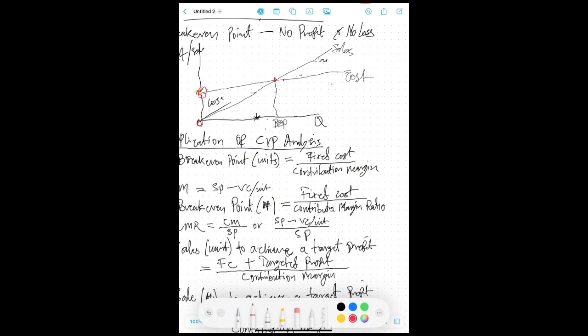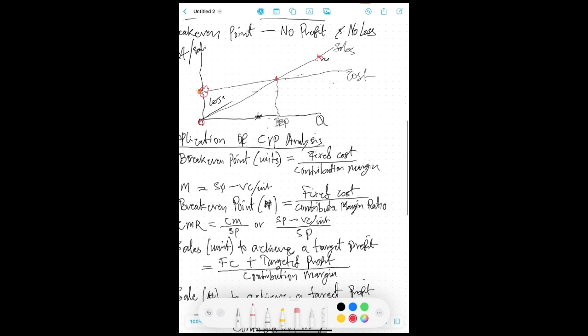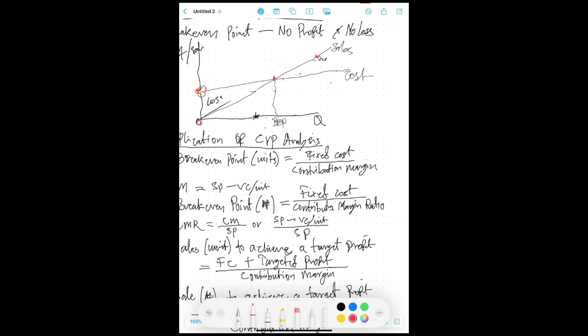Let's assume that this is your budgeted sales level here. From the break-even point upwards, they started making profits because the sales line is higher than the cost line. From the break-even line up, they are making profits. They are safe within this margin. That's what we mean by the margin of safety.